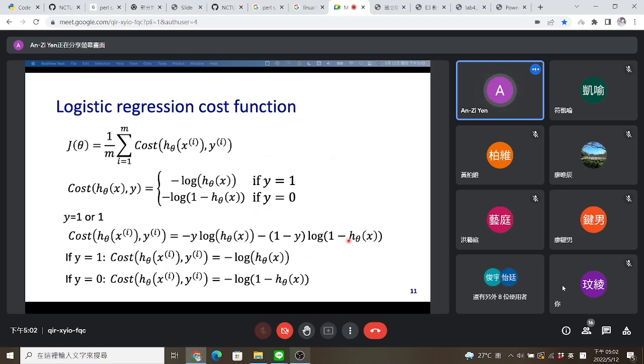So in this equation, the cost of h of x, y can be written as minus y times log h of x, minus 1 minus y times log of 1 minus h of x.